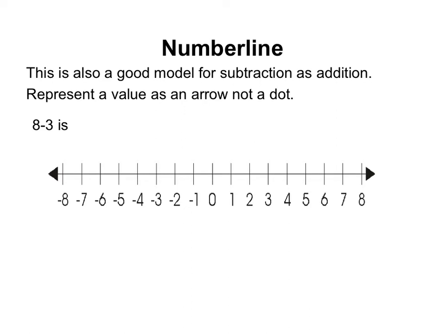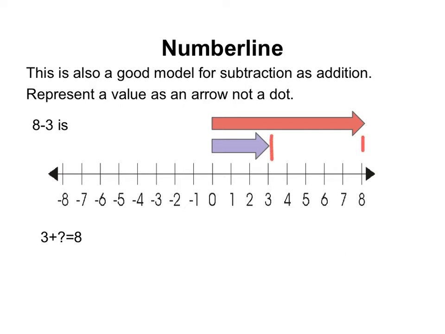The number line is also good for subtraction as addition. So here's my 8 arrow and my 3 arrow again. And now my question is, 3 plus what gives me 8? Notice, again, I'm just filling in that spot, the area that goes from the end of the purple to the end of the red, but I'm thinking about it a little bit differently.